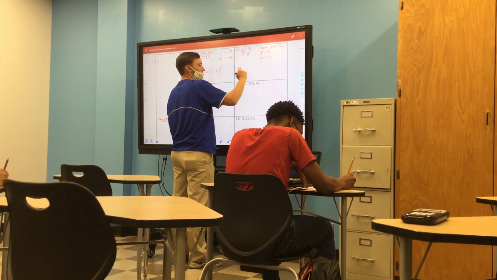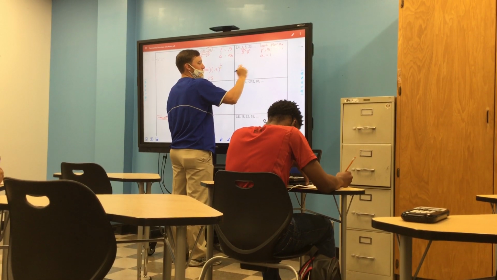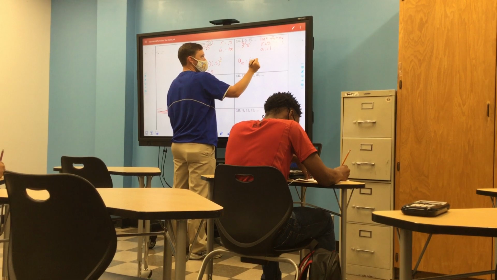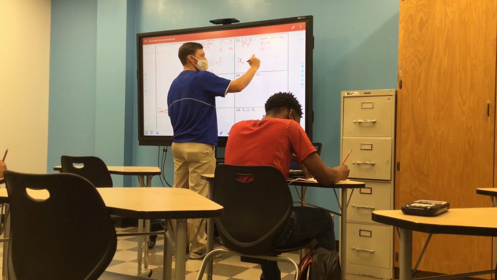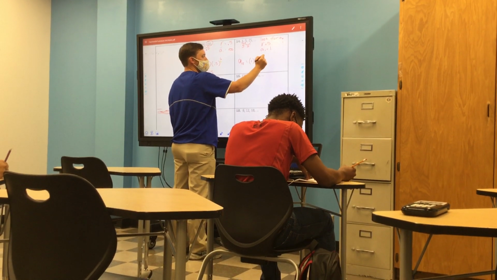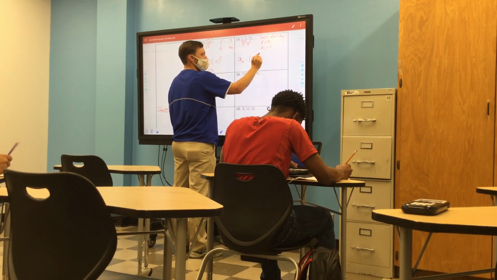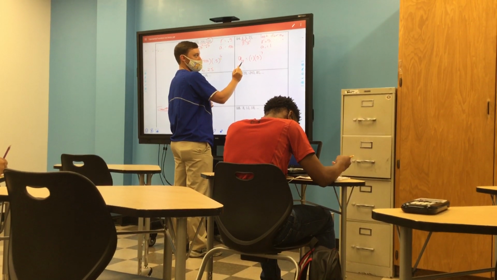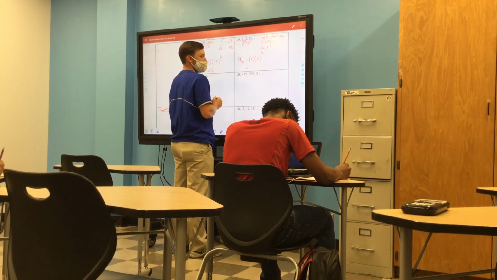So we're looking now for A8. This will be equal to my first term, 1, times my ratio, 5, raised to the 7th, because we're looking for the 8th term, 8 minus 1 is 7. Now plug that in.